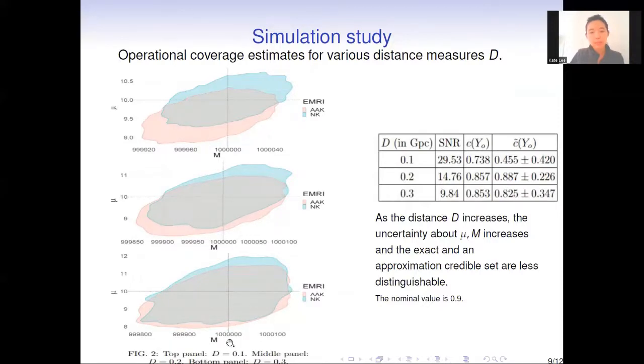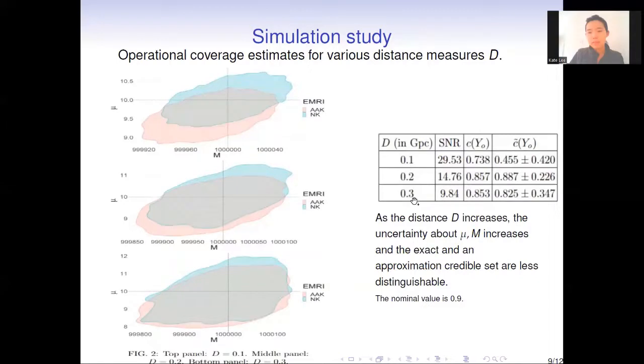When d is 0.1, there's really good overlap between the approximate and exact credible sets, but again, the uncertainty also gets bigger. So here's a table showing the operational coverage estimation, shown in the third column.